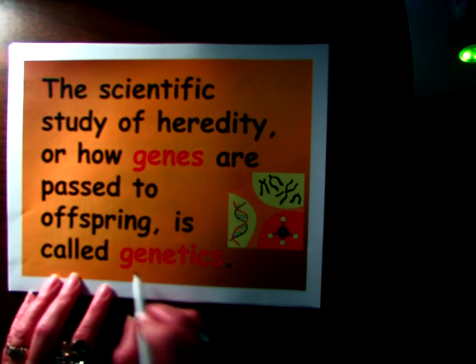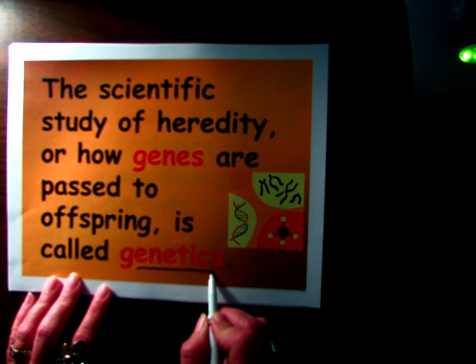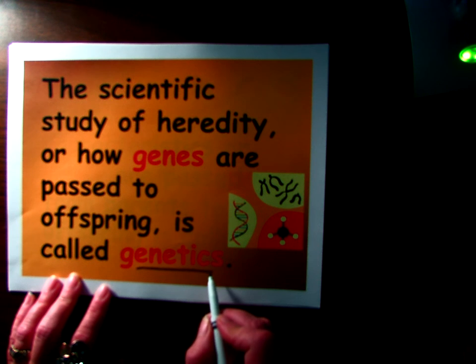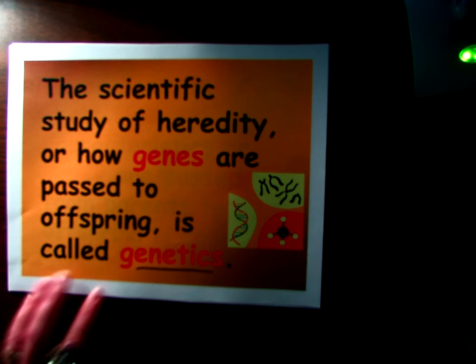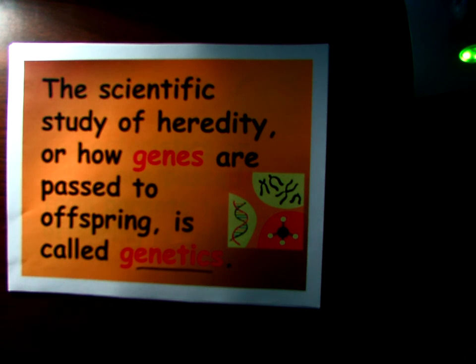This is called genetics. That's the unit that we're in. So you need to understand that you get genes from mom and dad, genetics is the study of heredity, and heredity explains how genes get passed on from parent to offspring.